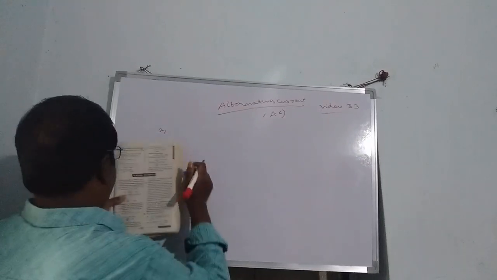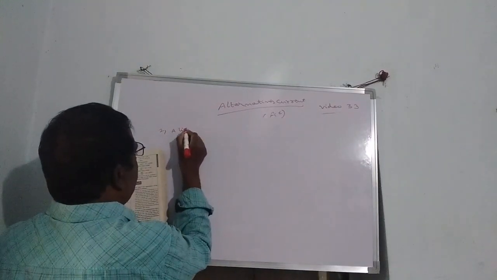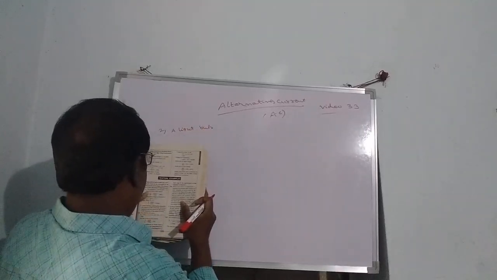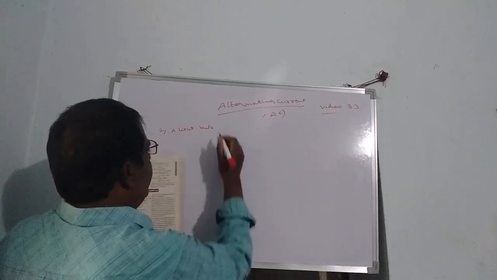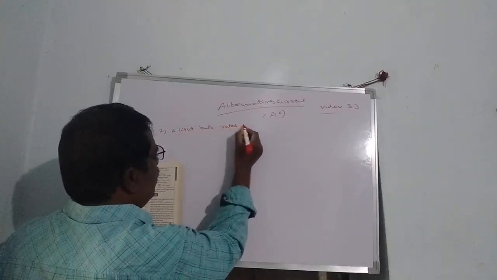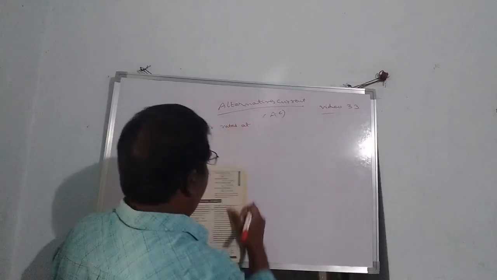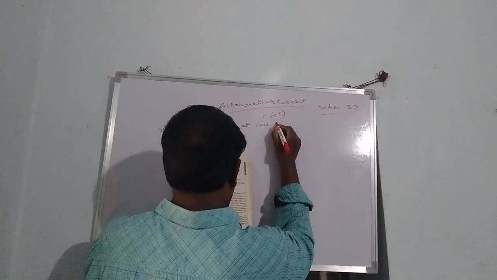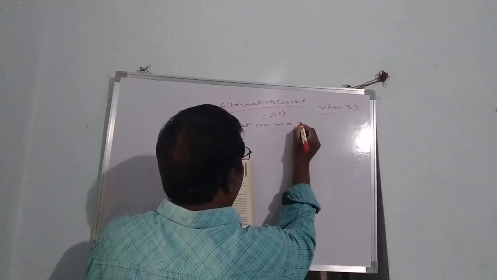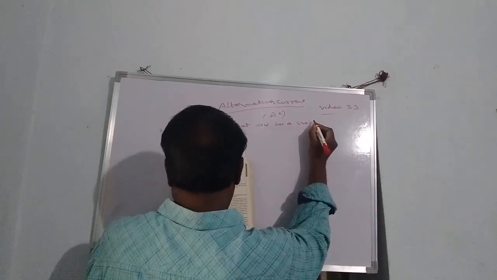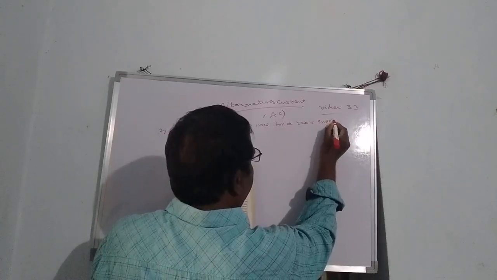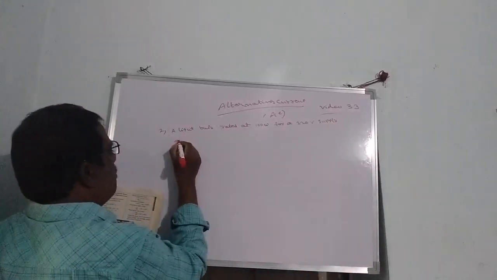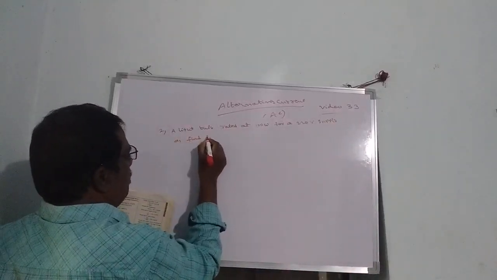Note down the next problem. A light bulb rated at 100 watt for a 220 volt supply. Find the resistance of the bulb.